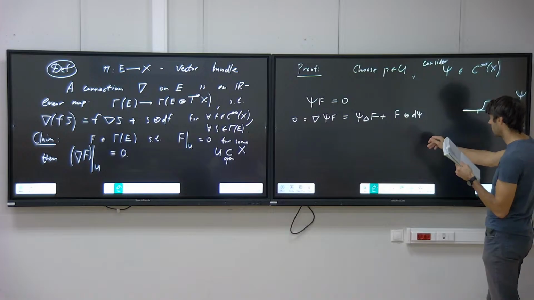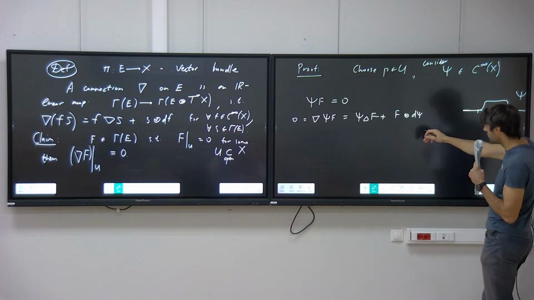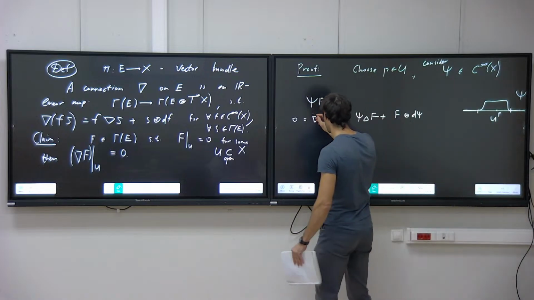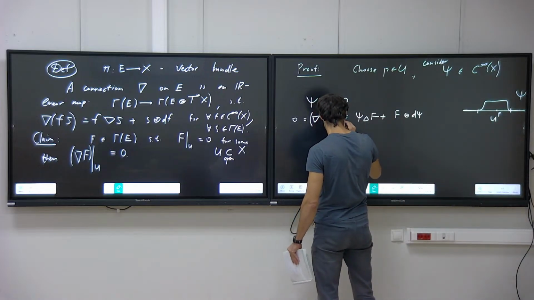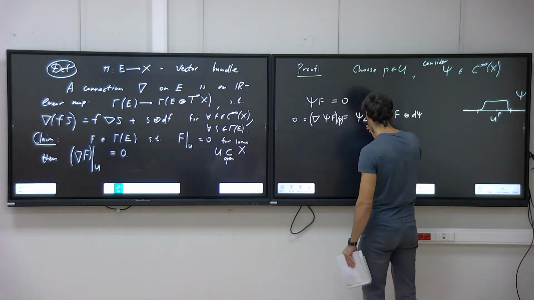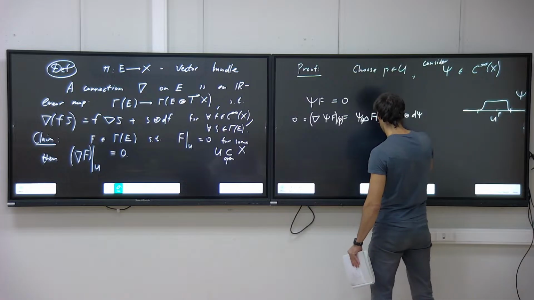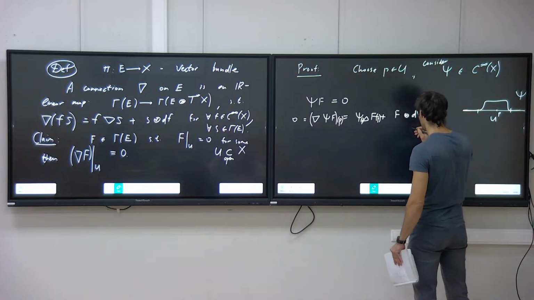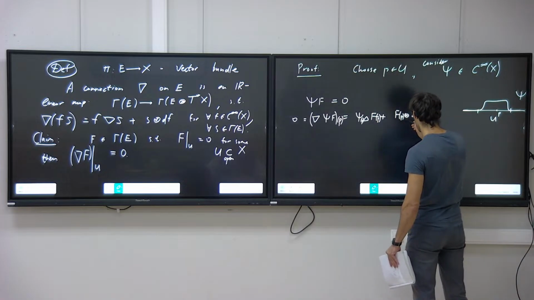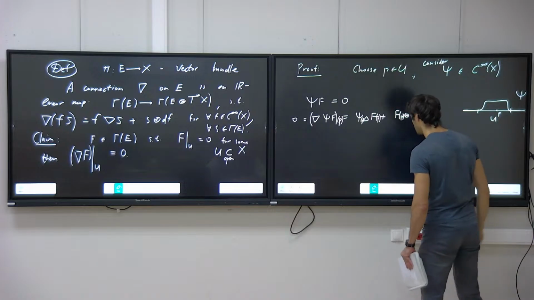Anyways, we can write it like this, just using the Leibniz rule, and then I can, of course, consider its value at p. This will be psi of p times nabla F of p, plus F of p tensor d psi of p.